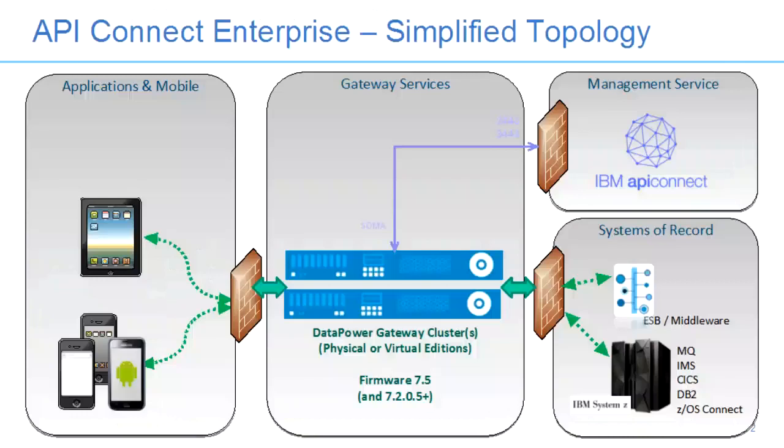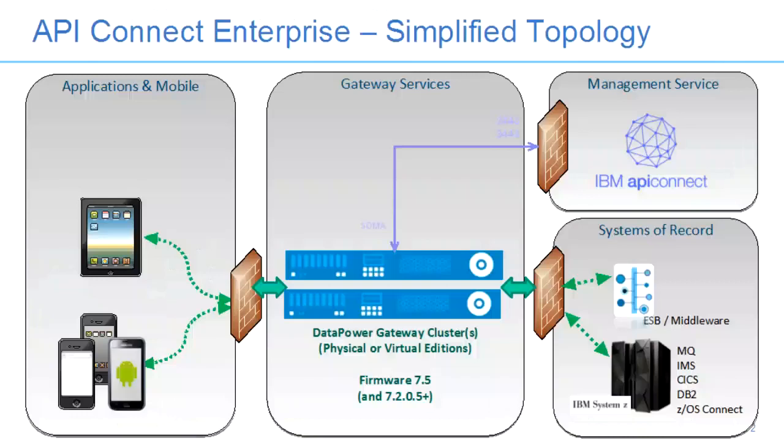So we'll start with a very simple overview and kind of a topology view that, if you are familiar with earlier versions of API Management, should be very familiar to you.